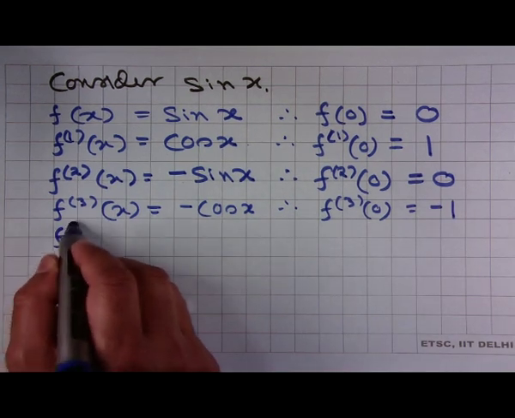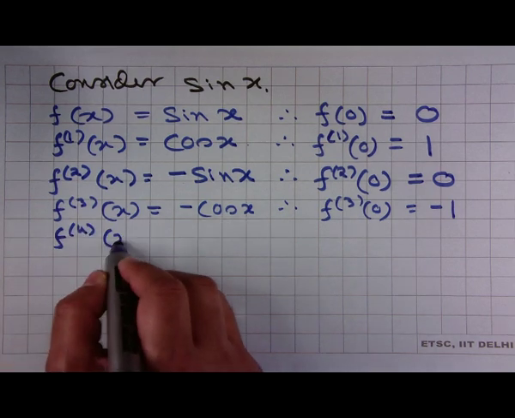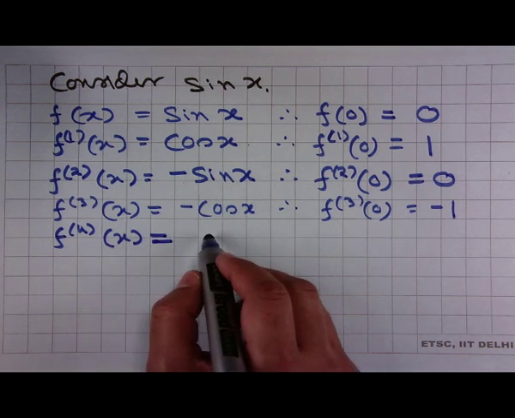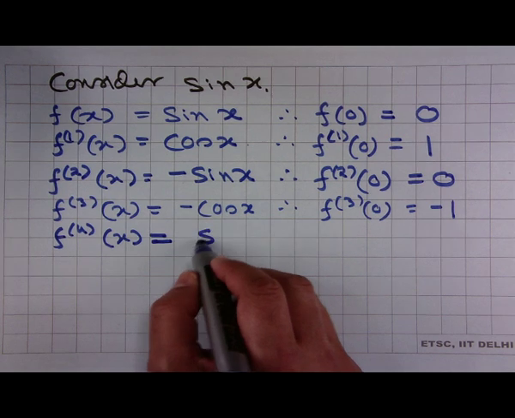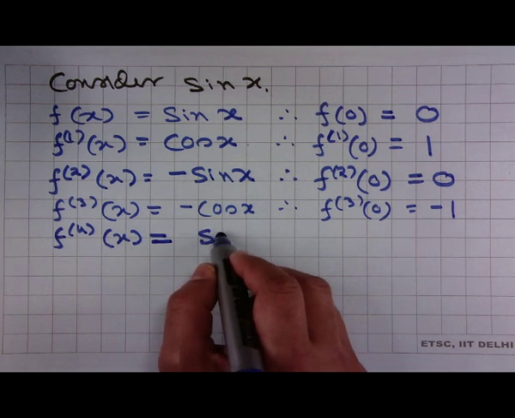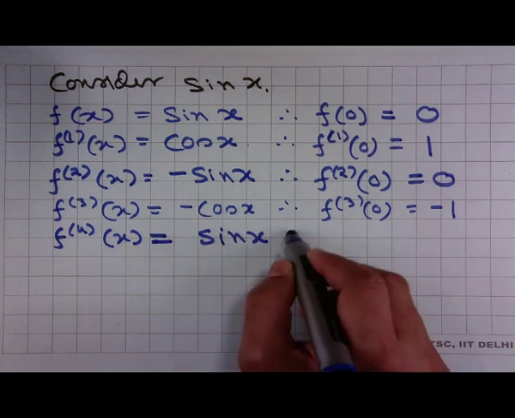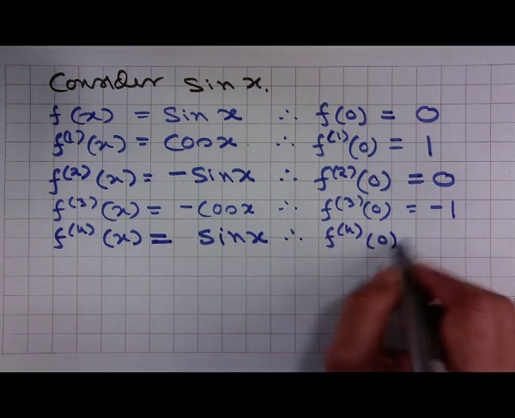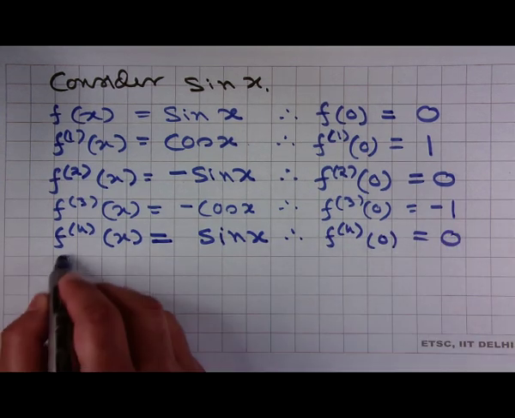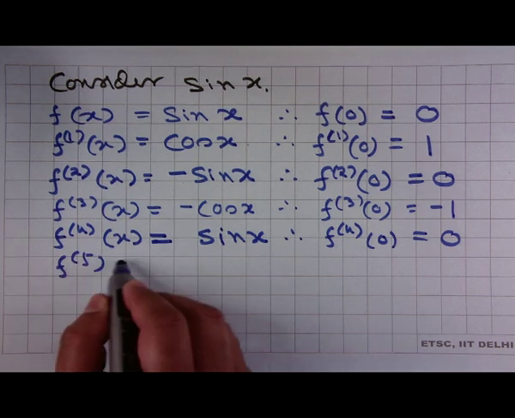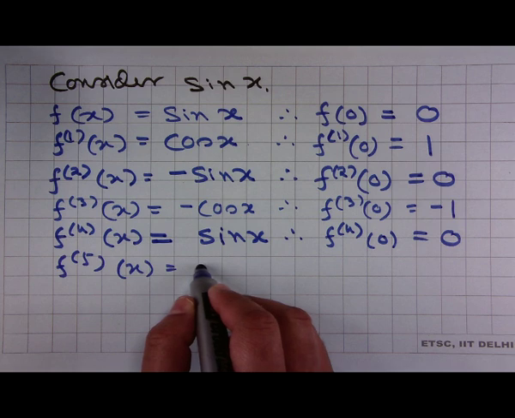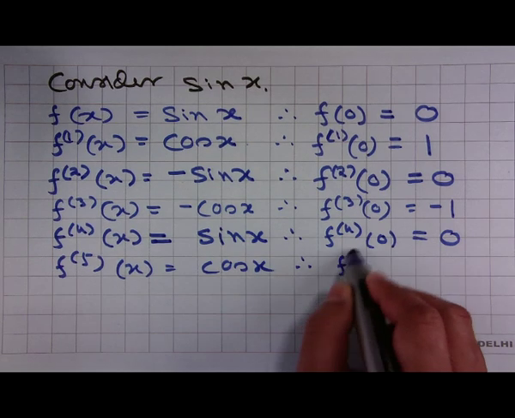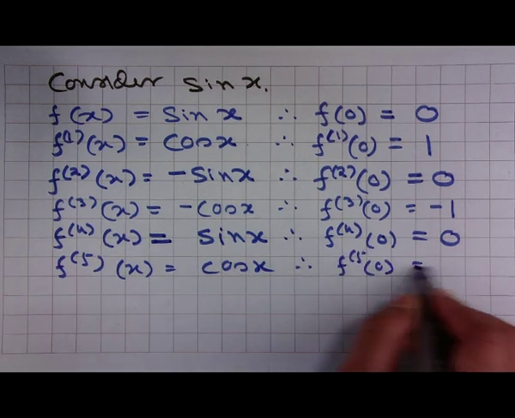I will go for a few more. The fourth derivative of x is equal to sin x. Therefore, fourth derivative at 0 is equal to 0. Fifth derivative of x is equal to cos x. Therefore, fifth derivative at 0 is equal to 1.